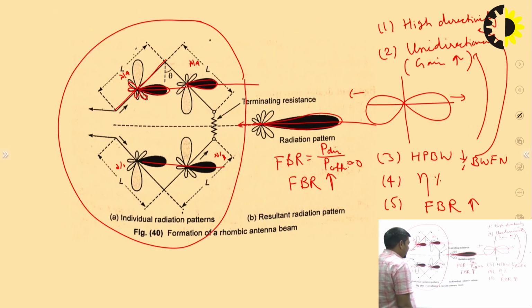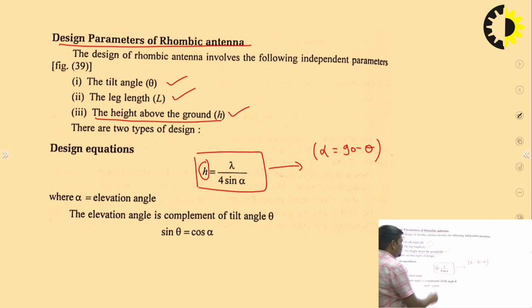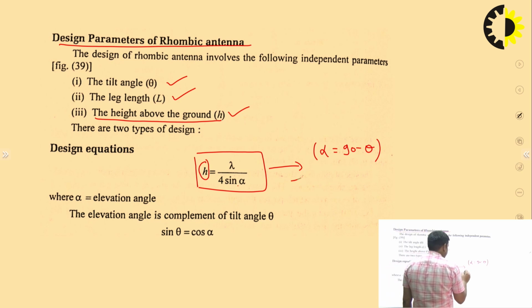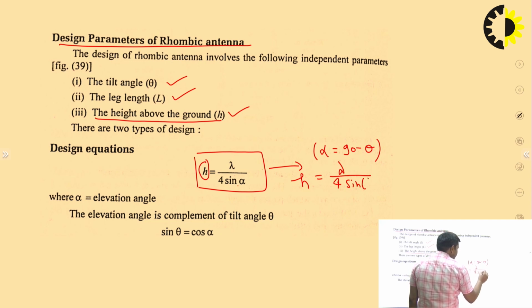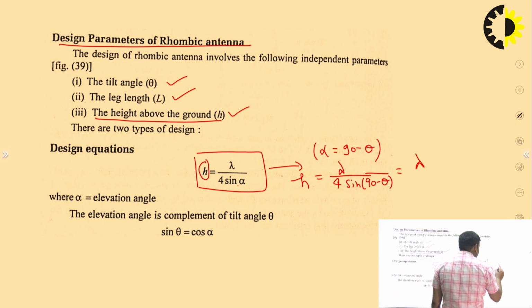And how is the height calculated? Lambda upon 4 sine alpha, or in terms of theta, lambda upon 4 sine of 90 minus theta. We know that sine of 90 minus theta is cos theta. So h is equal to lambda upon 4 cos theta.